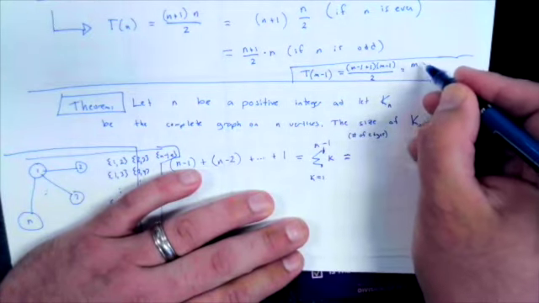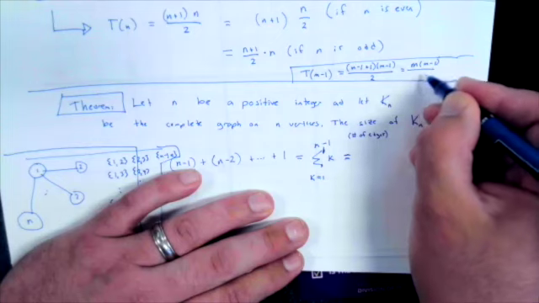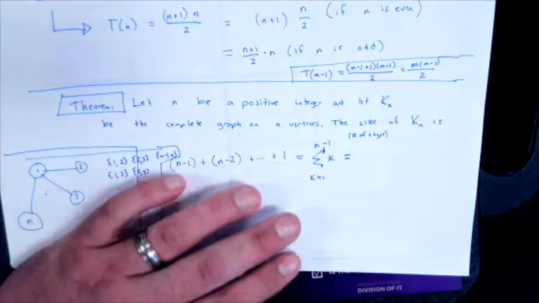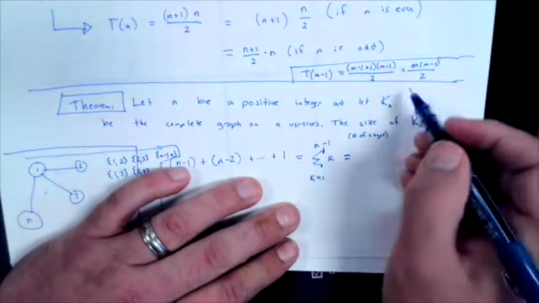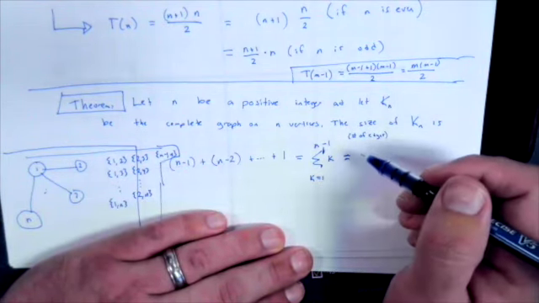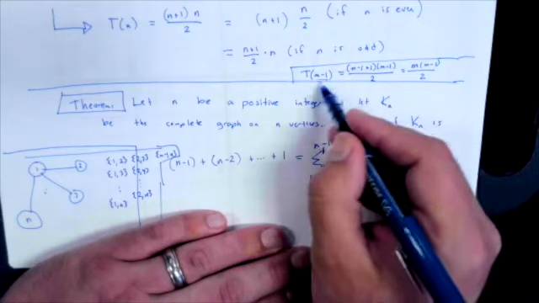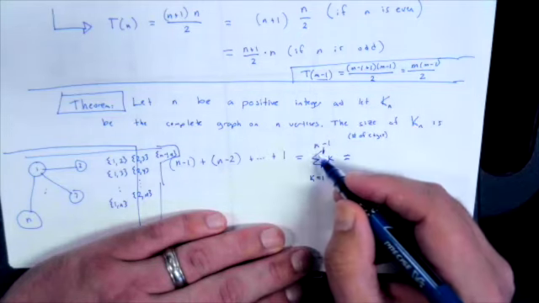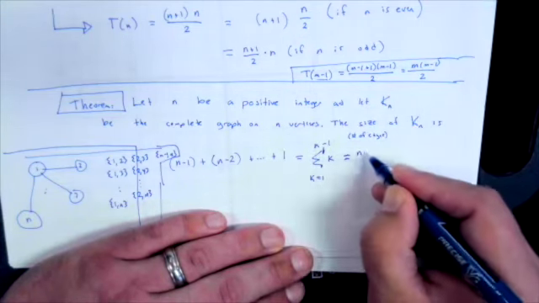Or m times m minus 1 over 2. But that's all I need here, except here my m minus 1 was actually n minus 1.